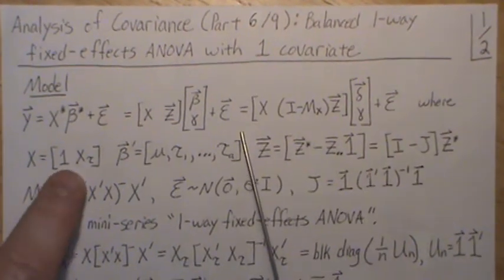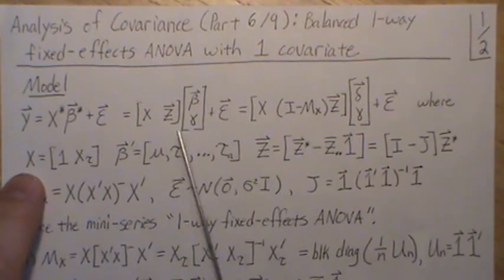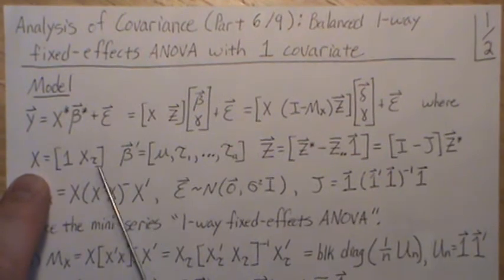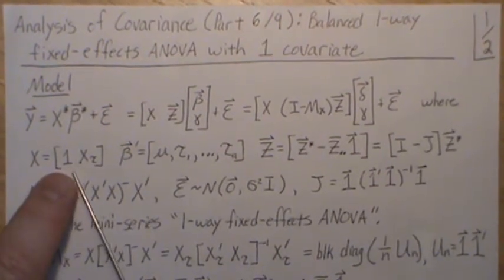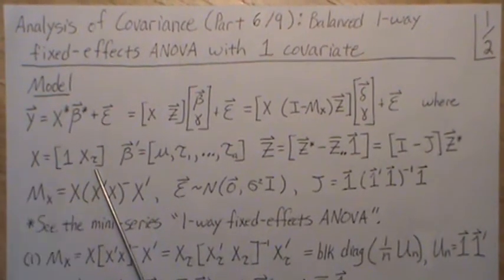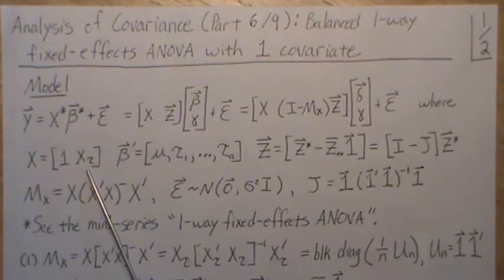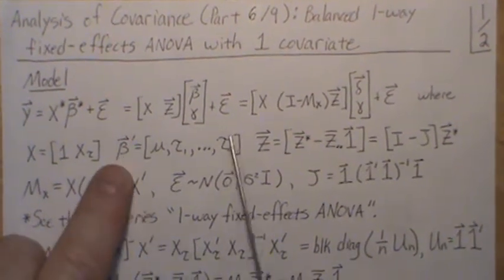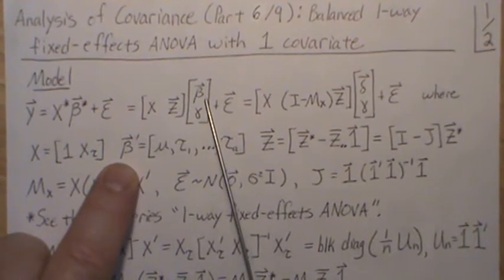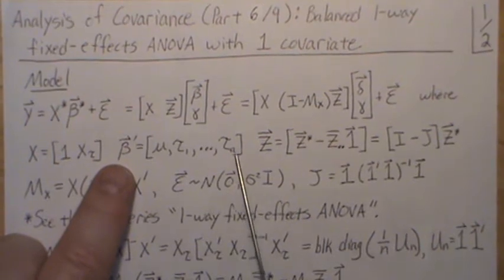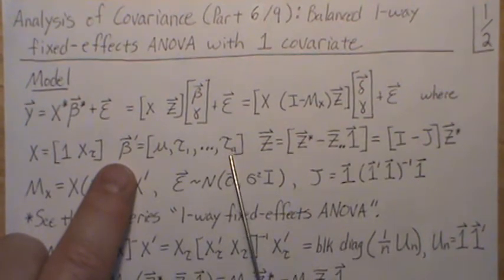Here, the X matrix, or the piece that's associated with the ANOVA, since we're doing a balanced one-way fixed effects, it's this: a column of ones, and then a matrix that deals with the tau parameters. The beta vector here is mu, tau 1, tau 2, all the way to tau A, because there are A treatment effects.